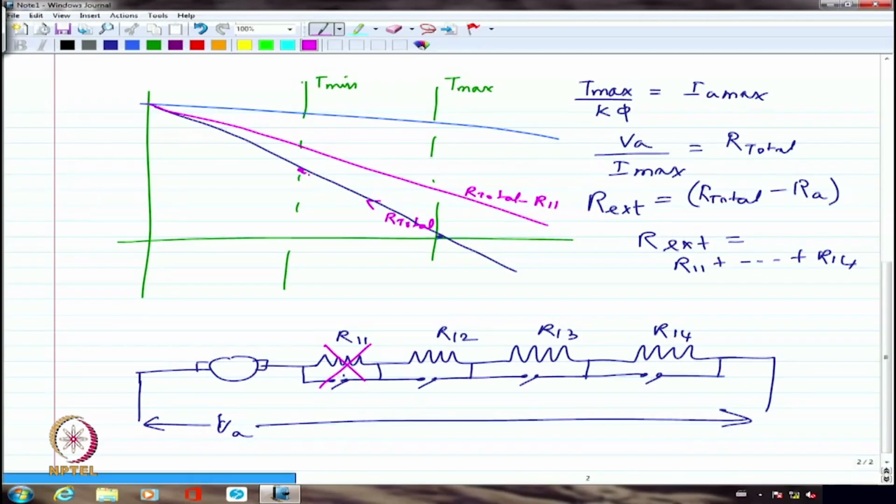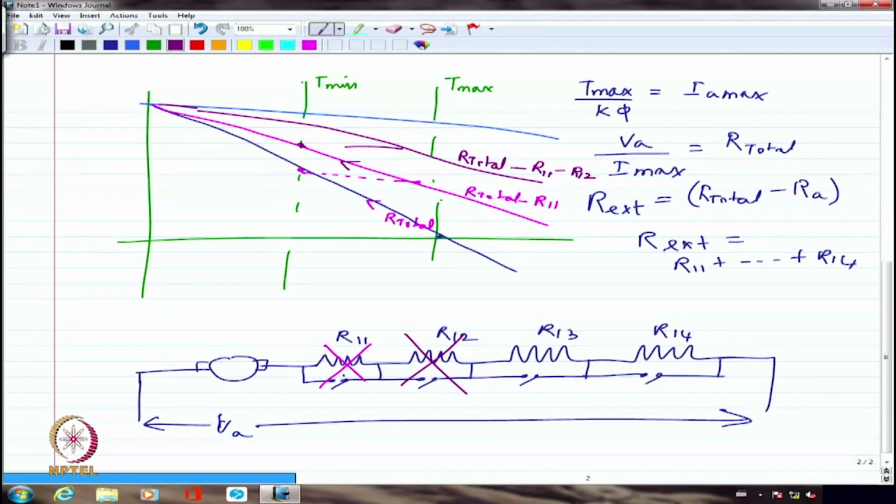Now from here I have migrated to this operating point, and then it will move along this, and it has reached T minimum again. At this point I would like to again switch the resistance. Maybe I would cut off this resistance. So this will correspond to R total minus R11 minus R12.